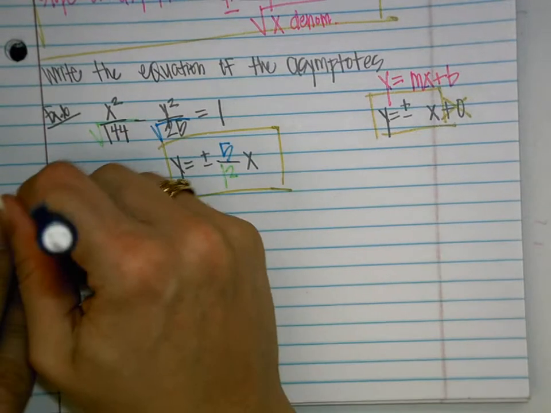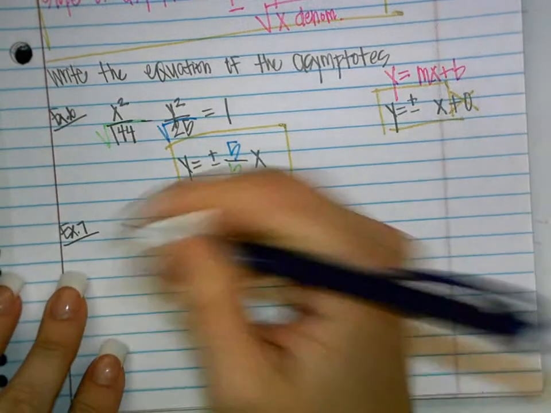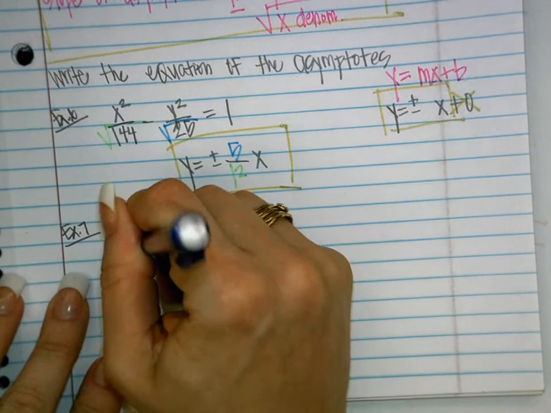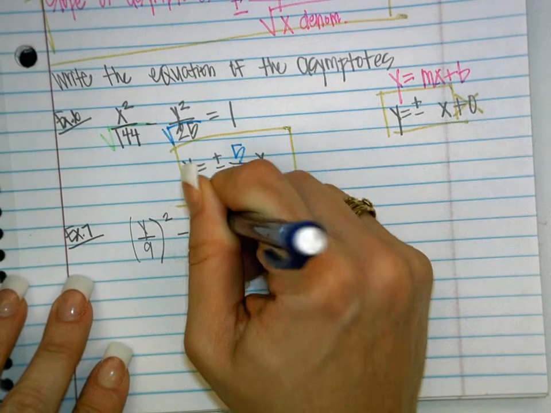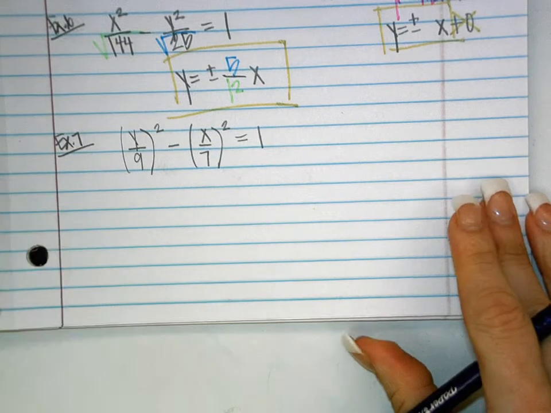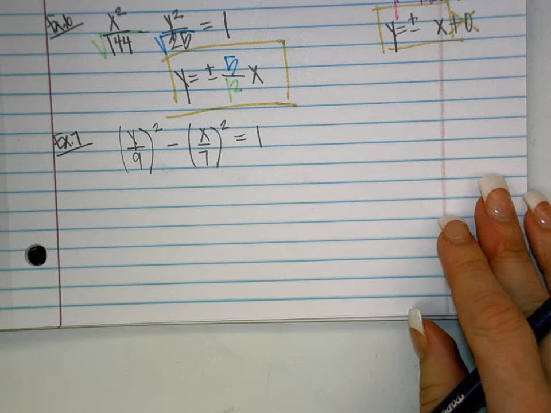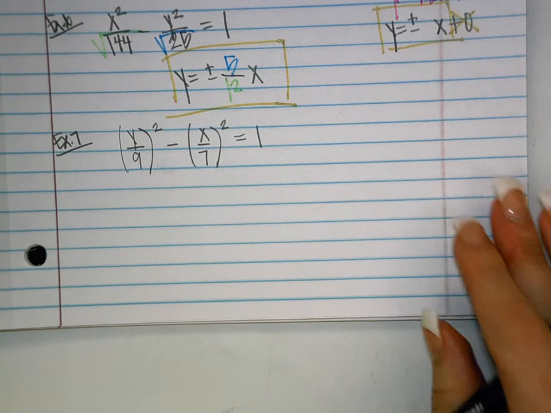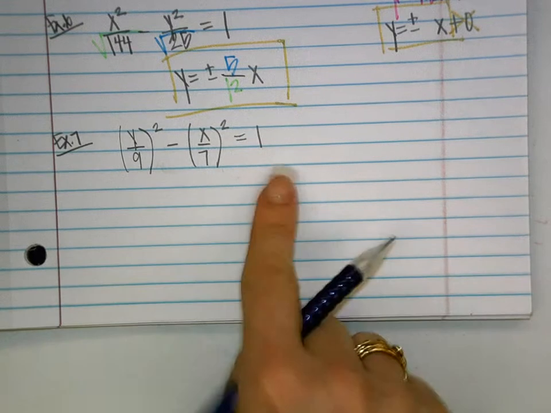Number 7. Again, I want you to write the equation of the asymptotes of y over 9 quantity squared minus x over 7 squared equals 1. Excuse me. What's wrong with the way this is written right now?